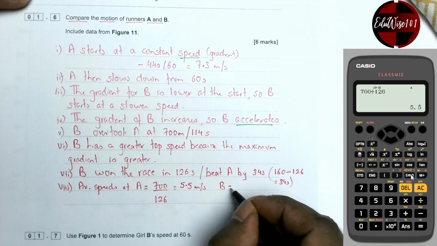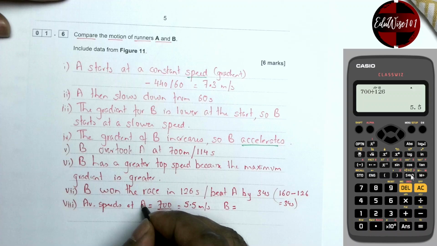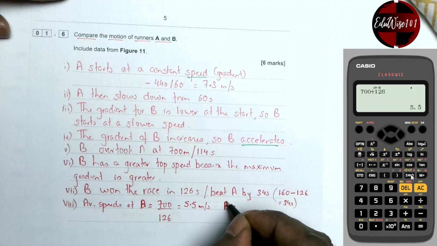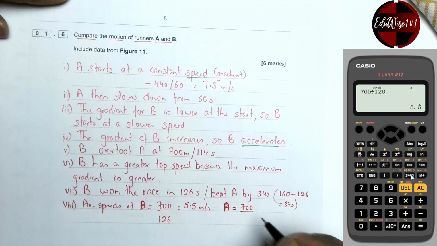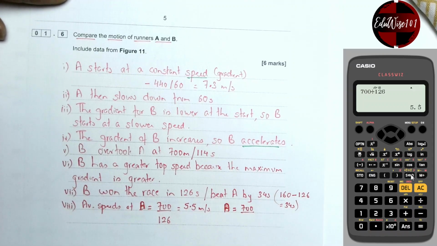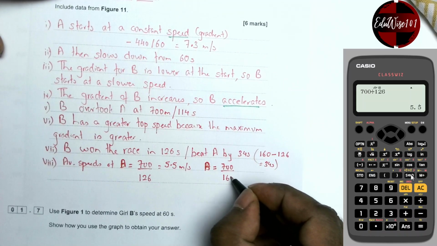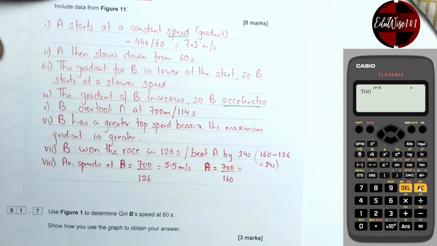Runner B, oh, that's actually runner B. I used the data incorrectly. So this will be runner A. Took 700 meters, and the time was 160 seconds. So 700 divided by 160.